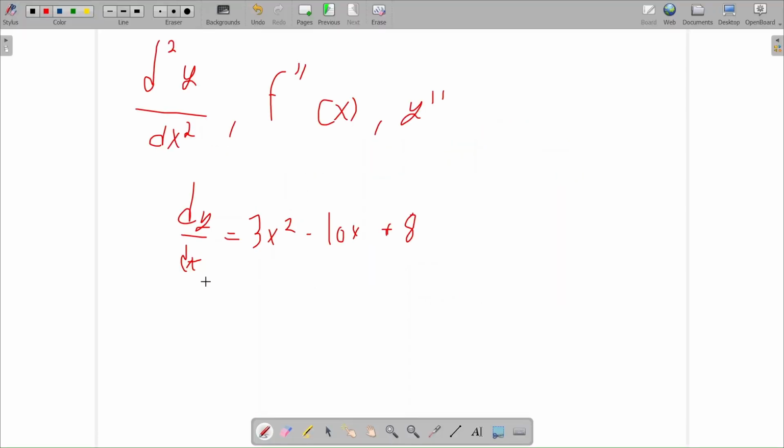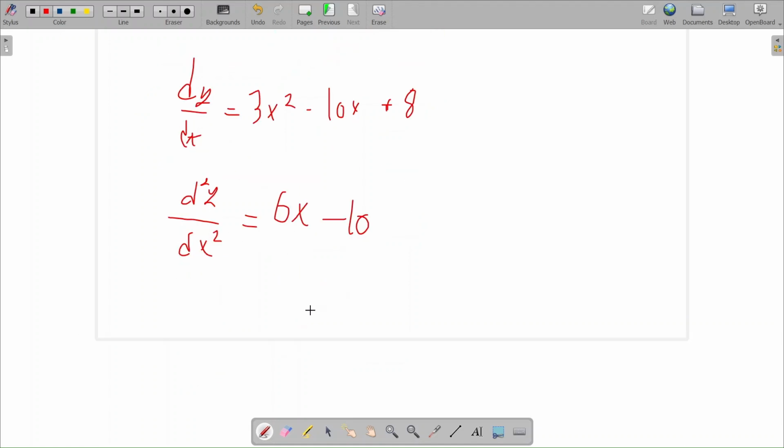Okay, so then you differentiate this. So d squared y by dx squared is equal to 6x minus 10, since the constant becomes 0. So this is your second derivative.